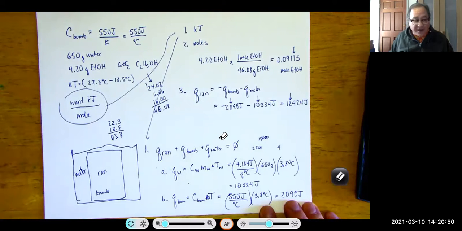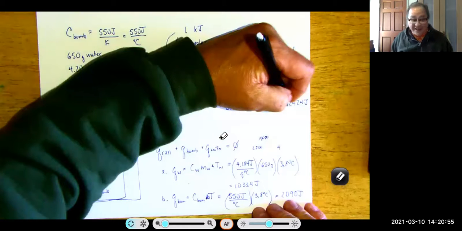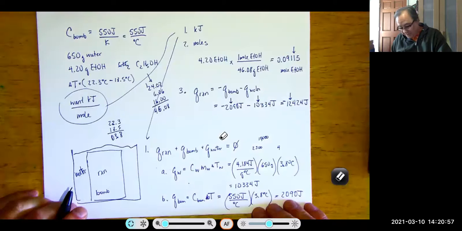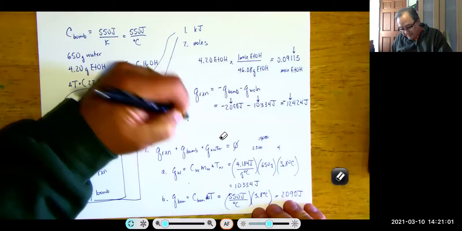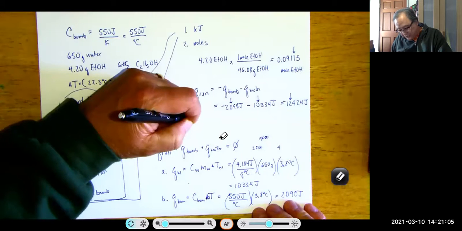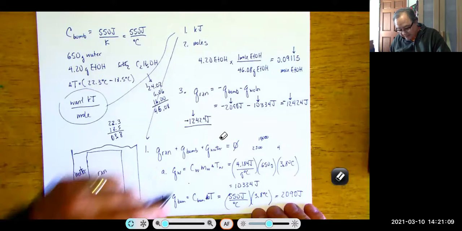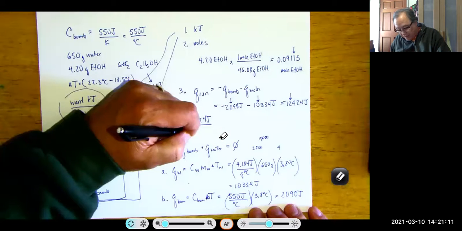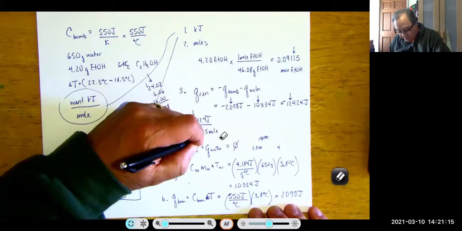Yep. But we're not going to round yet. You know why? Because we're not done. So now we have negative 12,424 joules, arrow to that 2, divided by 0.09115 moles. And this arrow goes to that one.